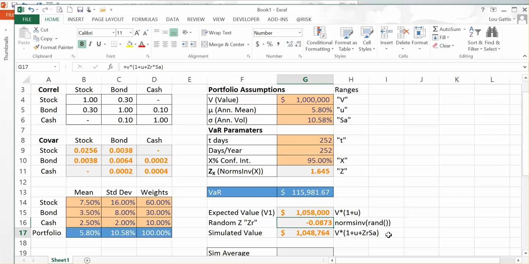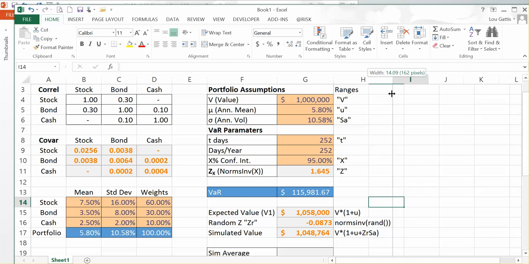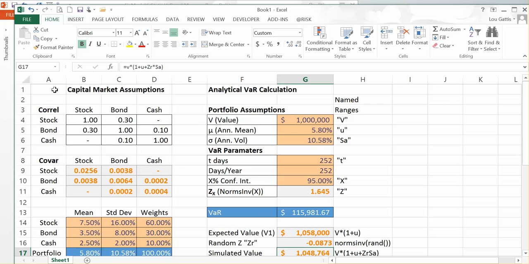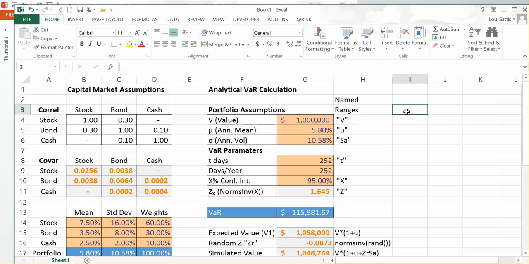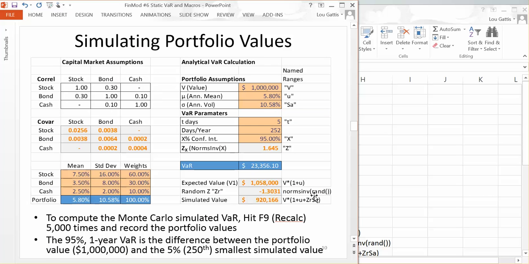Now to save us the effort, we're going to actually copy this number 5,000 times over here. That's going to be a lot of effort. So what we're going to do is write a quick macro to take this value, which is in the 17th row and 7th column, and I want to copy it over here, then here, then here, then here. So I'm going to write a macro to do that.